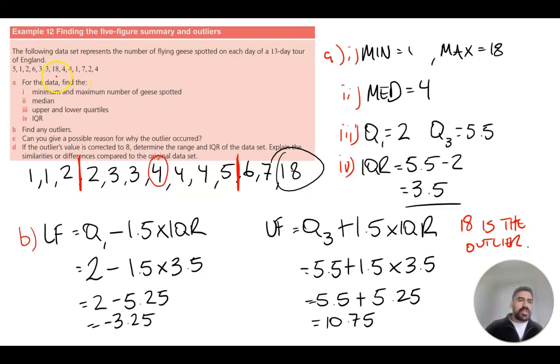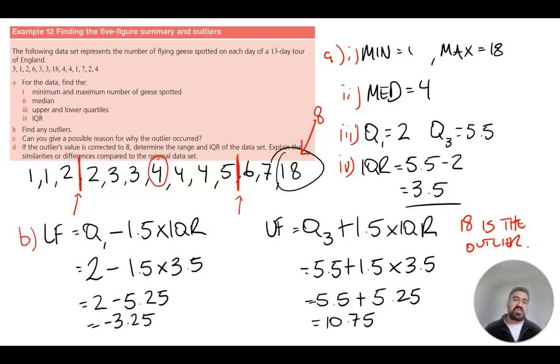But because 18 is the last number, if that does change to 8 and it is the highest number, the IQR in this case is going to stay the same. So Q3 is still going to stay the same. Q1 is still going to stay the same. And so what will happen is we will be looking for any numbers that are greater than 10.5, because 8 isn't considered higher than 10.5 but rather lower, it is not an outlier.